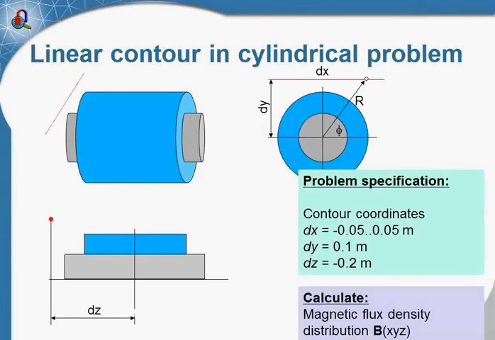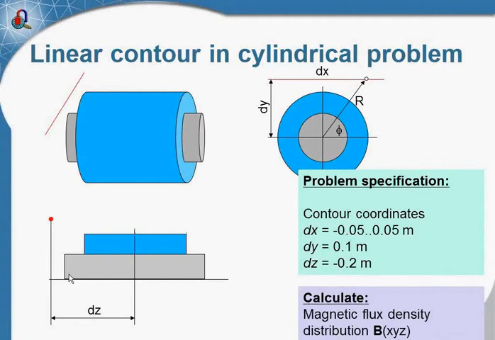Axisymmetric formulation is useful when you simulate cylindrical objects like tubes or coils, and here is the simple coil with the core simulation example. In the geometry model in QuickField, you should draw only the upper half of the cross section.